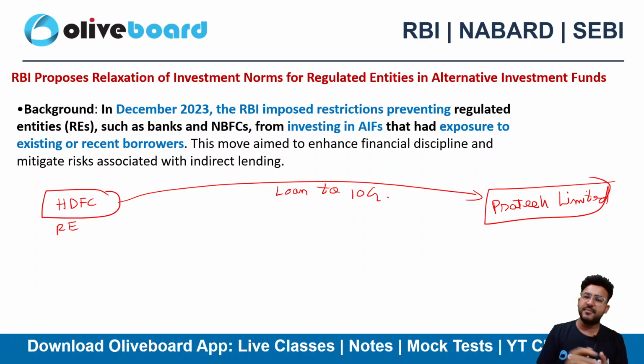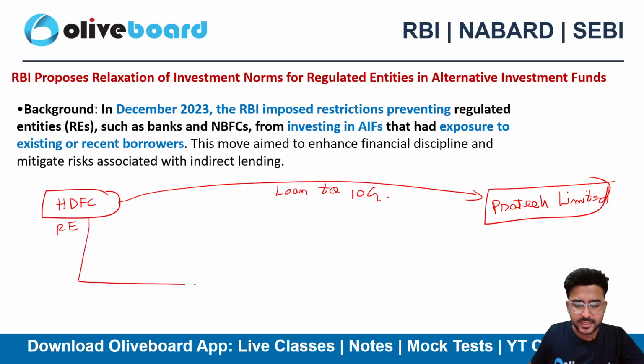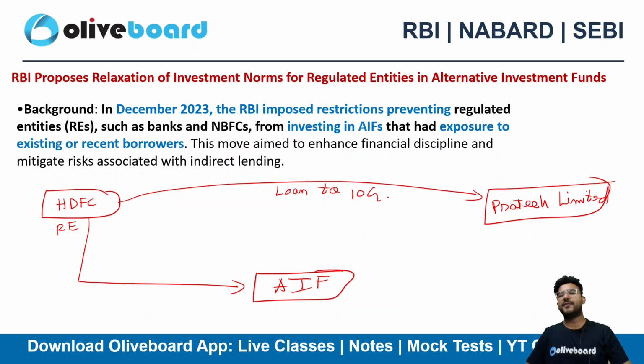Now HDFC Bank must have done the creditworthiness check and all the checks, studied my financial statements, and given me the loan of 10 crore rupees based on my credit assessment. Now what HDFC Bank is doing is investing heavily in an AIF, alternate investment fund. They are investing a lot of money in the AIF, right?